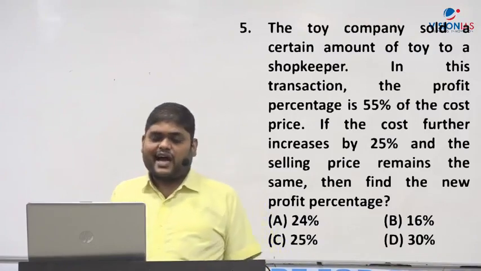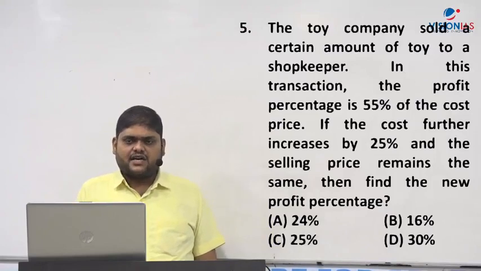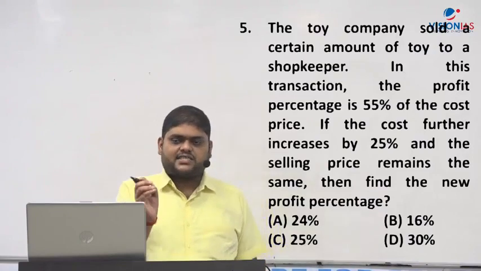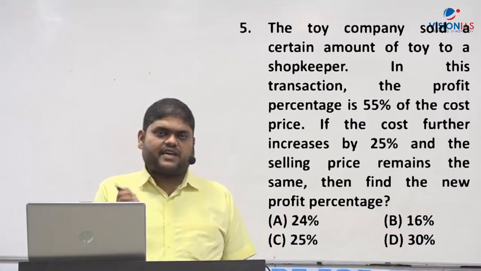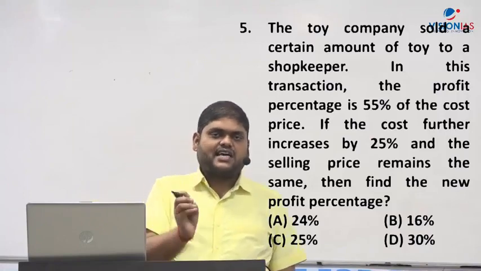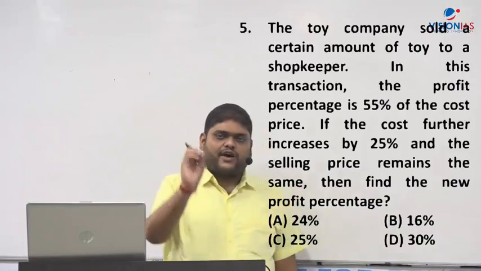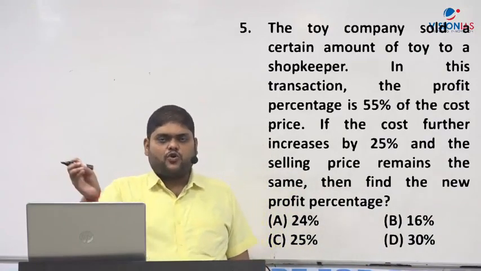I told you, first class, second class, third class, you are masters of percentage and profit and loss. When every data is given in percentage, the answer is also in percentage. Now there is nothing more to do, close your eyes, and instead of x, you can assume equal to 100.